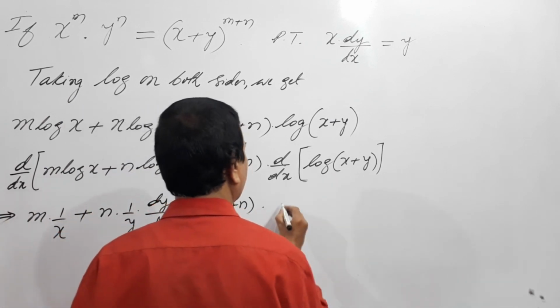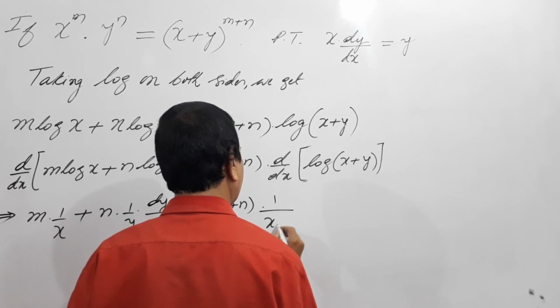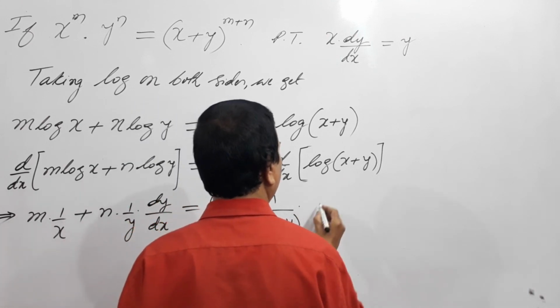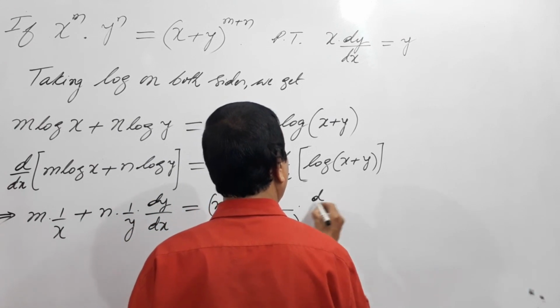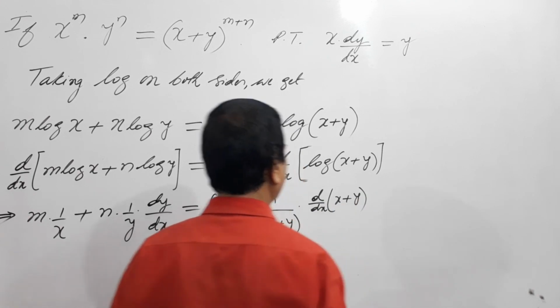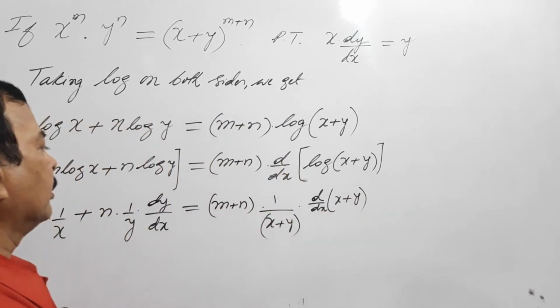So this is 1 by (x plus y) into d by dx of (x plus y).